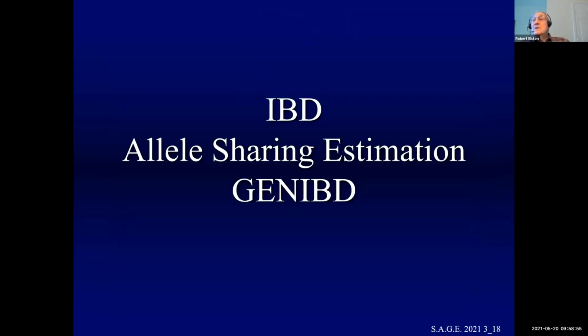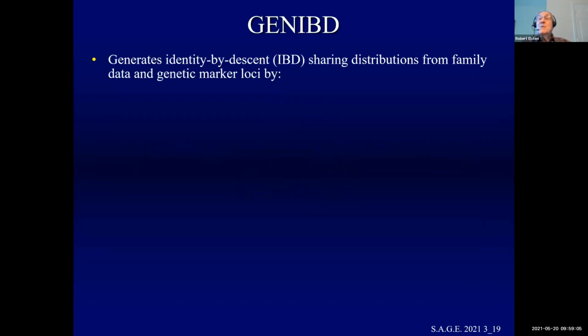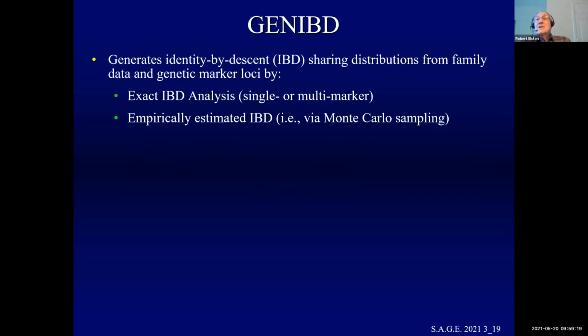Now we're going to talk about allele sharing estimation. This is the GenIBD program. What this program does is generate identity by descent sharing distributions from family data and genetic marker loci by an exact IBD analysis using single or multi markers.